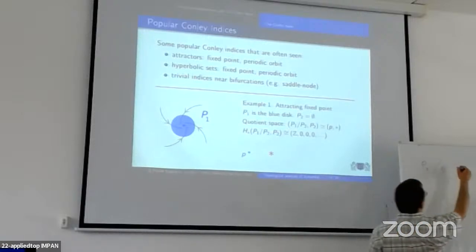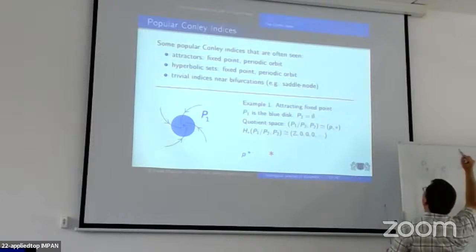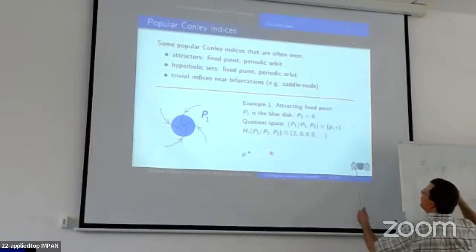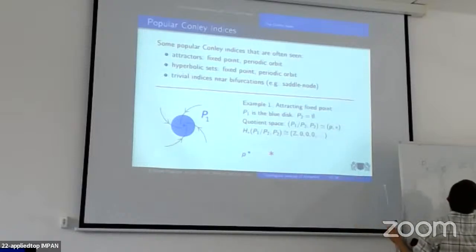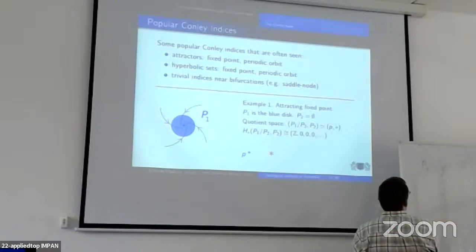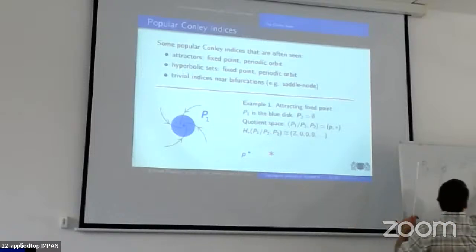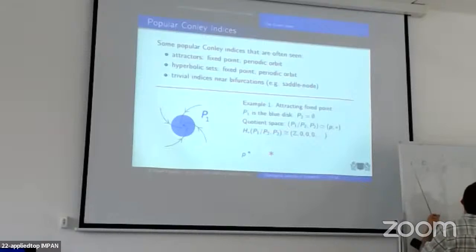So the quotient space is just the set P1, and we add an extra point, which we denote by the asterisk. When we take the quotient by the empty set, we just add the extra point. So we take this P1 with the extra point.